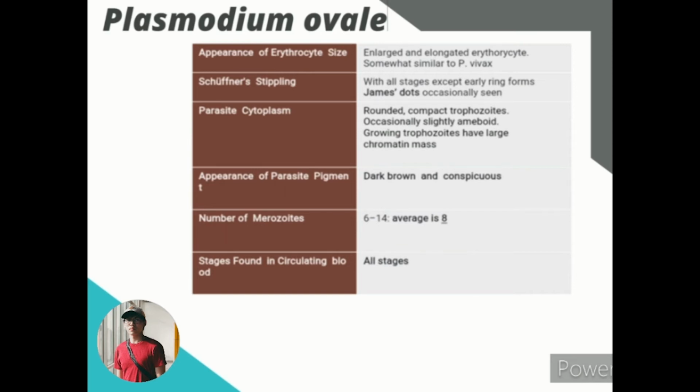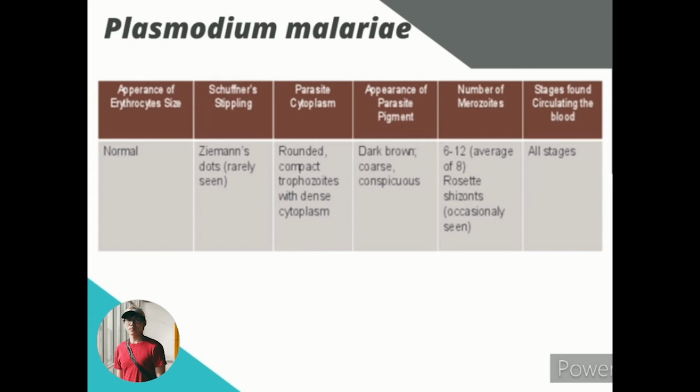For Plasmodium malariae, it has a normal erythrocyte size appearance. Schüffner stippling, Ziemann's dots. We can determine that the parasite cytoplasm, the appearance of parasite pigment, the number of merozoites, and the stages found in the circulating blood is similar to that with Plasmodium ovale.